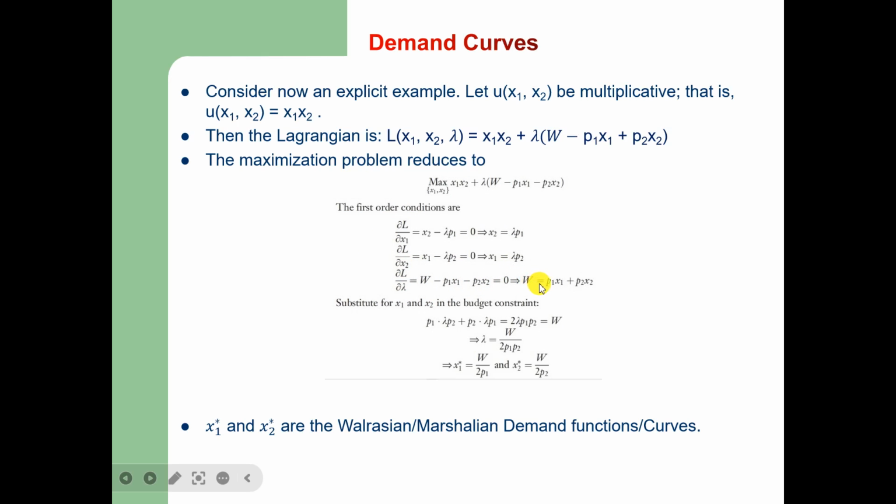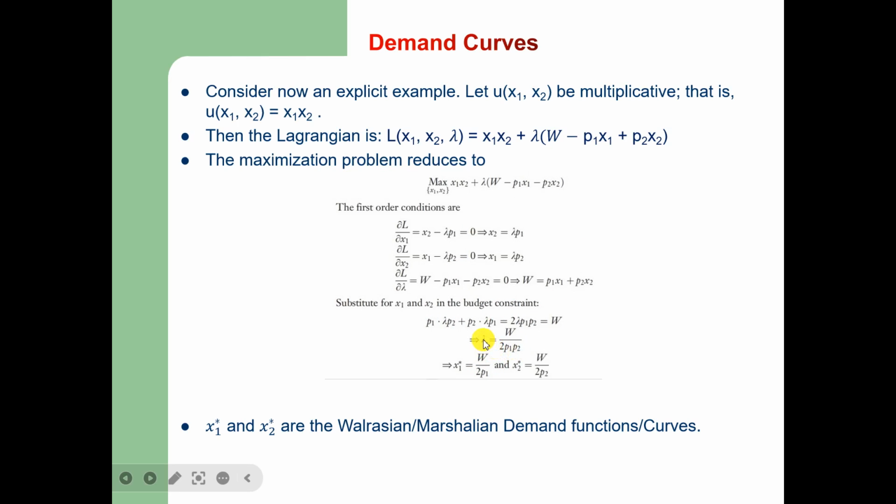So from this we get that W is equal to P1 x1 plus P2 x2, and from equation number 1 we get that x2 is equal to lambda times P1, and from equation number 2 we get x1 is equal to lambda times P2, and if we substitute for x1 and x2 in the budget constraint, then we can write the budget constraint like this. So lambda is equal to W, which is budget or income of the consumer, divided by 2 P1 P2.